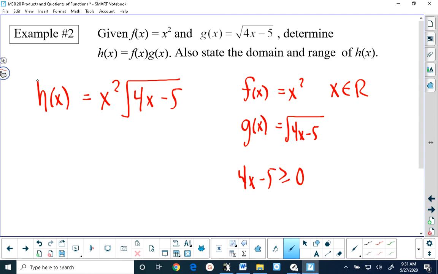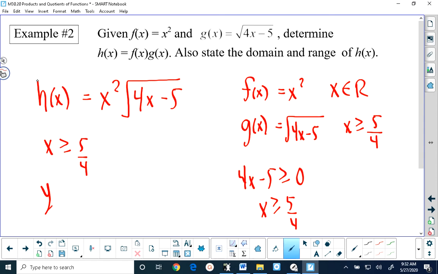When you solve this equation, you move 5 to the other side and divide by 4, so you get x is greater than or equal to 5/4. So the domain of g of x is greater than or equal to 5/4. What is the domain that's common to them? Well, since f of x is defined everywhere and g of x is only defined in a small region, the domain of h of x will be the domain where they're both defined, which is where x is greater than or equal to 5/4. That's the domain.